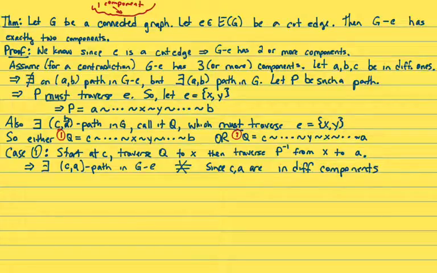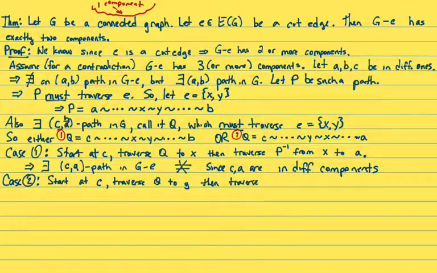That's impossible. On the other hand, if case 2 is the case, then what I can do is start at C and traverse Q all the way to Y. So start here, traverse till I get to Y. Notice that means I don't have to use edge E, because I don't have to get across E to get to X. So from Y, I jump across to P, and traverse Y to B. Which means there is a CB path.